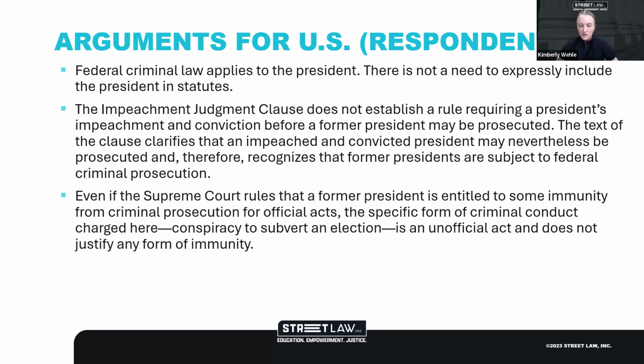So to give the president criminal immunity would be to just write that part out of the Constitution, because the framers acknowledged that post-impeachment you can be criminally prosecuted, and you can be impeached for official acts, right? So it doesn't make a lot of sense to say that you can be prosecuted, but you actually can't be prosecuted.